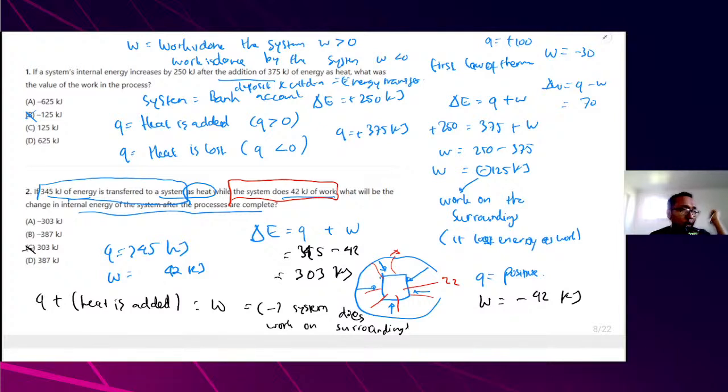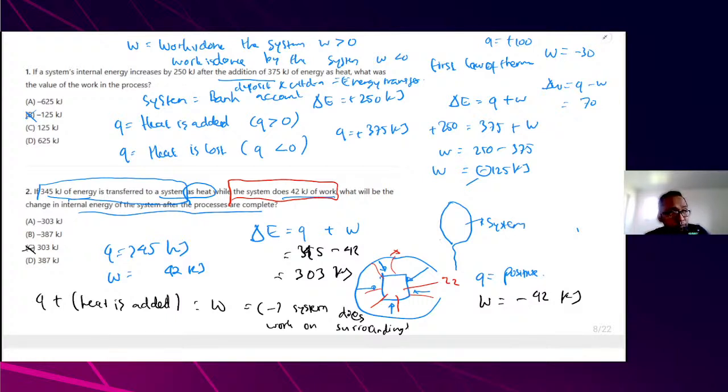Okay. So I got the thing that is so easy to memorize. Imagine you have a balloon. The balloon is kind of like the system. Let me draw it over here to make it easier. The balloon itself is the system.